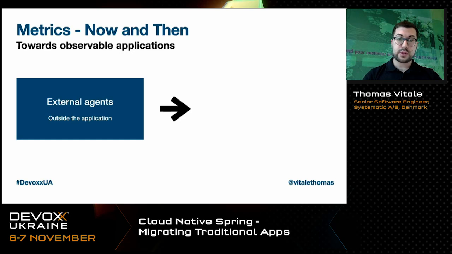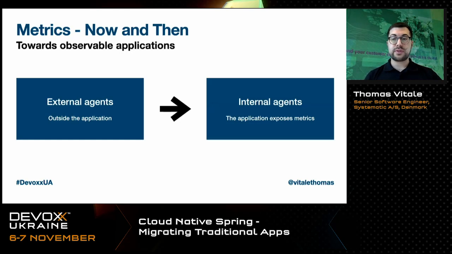But in the cloud, we need to take more responsibility as application developers and have something inside the application so that we can look into which metrics we are exposing and how they are used, depending on what your goal is, what you want to monitor.